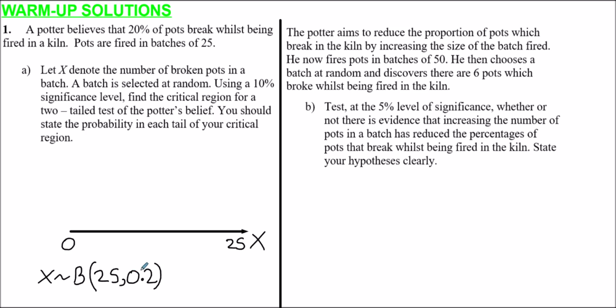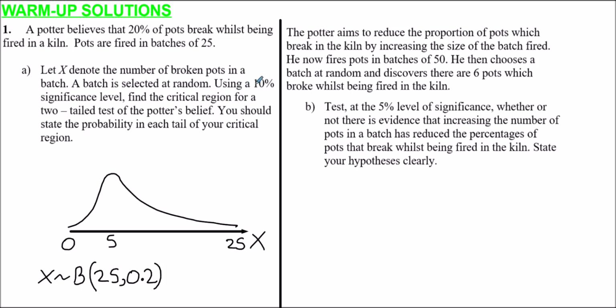So typically, 20% of these 25 will break. 20% of 25 is 5, so you'd expect about 5 typically to break, so the distribution should be like this. 5's the most common, and then hopefully you'd imagine that all 25 breaking would be pretty rare indeed, or so you'd hope. So what we need here is a two-tailed test.